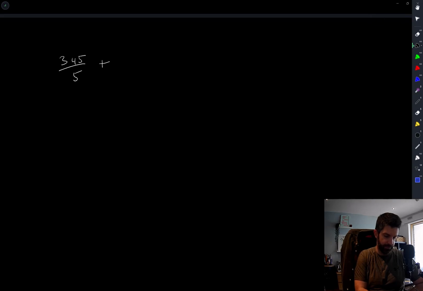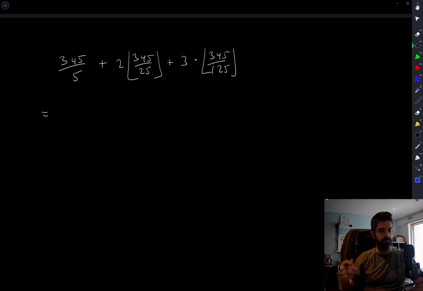345 over 5 plus 345 over 25 times 2. Well, round down then times 2 plus 3 times 345 over 125. Round down. 345 over 5. 350 over 5 is 70, so this is 69. 300 over 25 is 12 plus 1, 13.